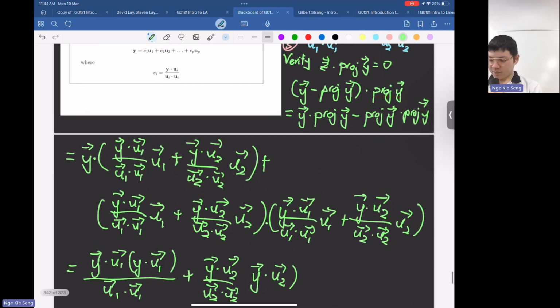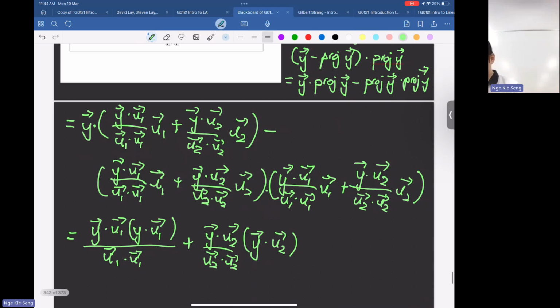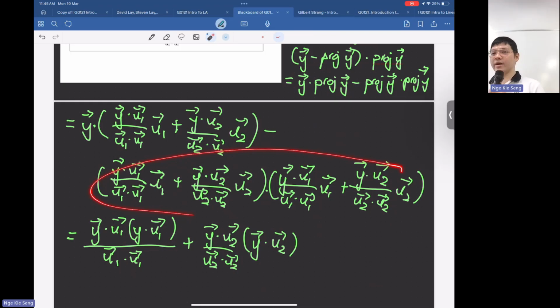Oh, here is not plus, here is minus. And how about the rest? How many dot products are you going to get if you expand this?